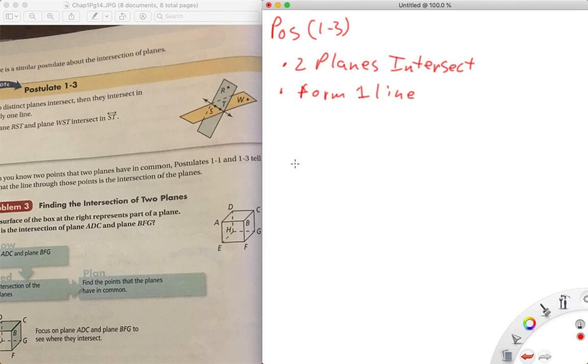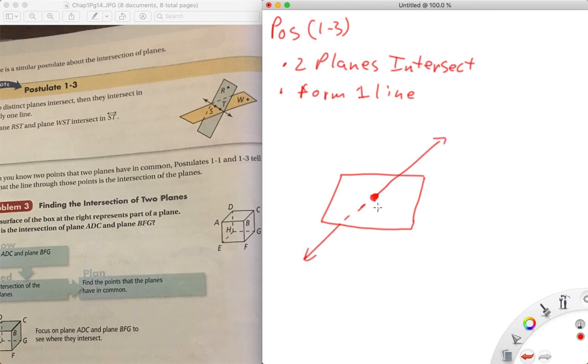So postulate 1-2, 2 lines intersect to form a point. Postulate 1-3, 2 planes intersect to form a line. Another thing that you should know also, and I don't know why they don't say this, but we could also have an intersection between a line and a plane.